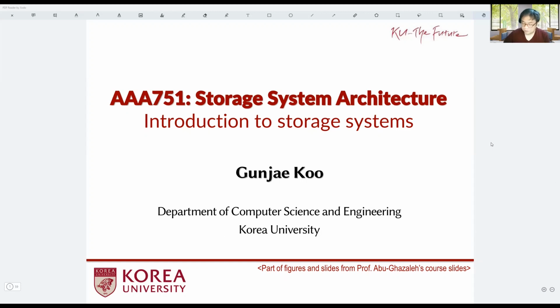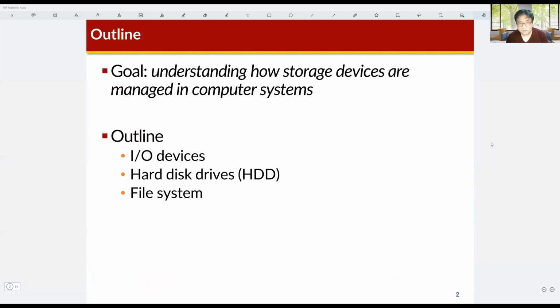In today's class, we will focus on some basic concepts of the storage device and how the operating system controls these storage devices. Also, we will cover the properties of the hard disk drive, because the hard disk drive is a widely used storage device.